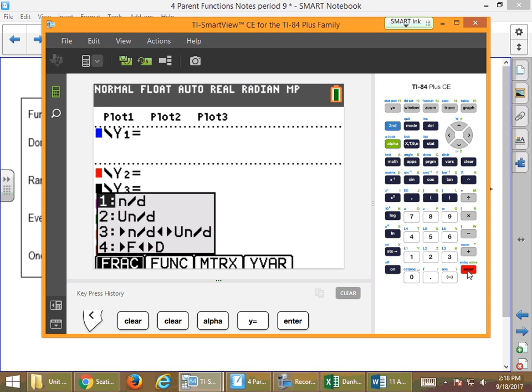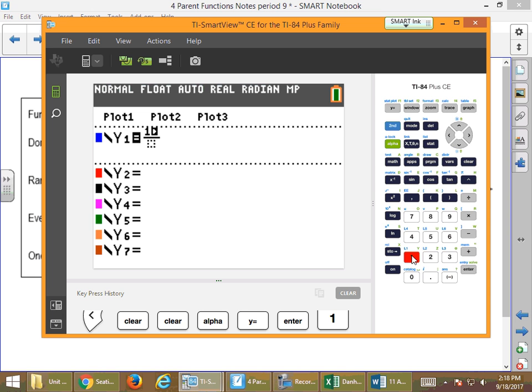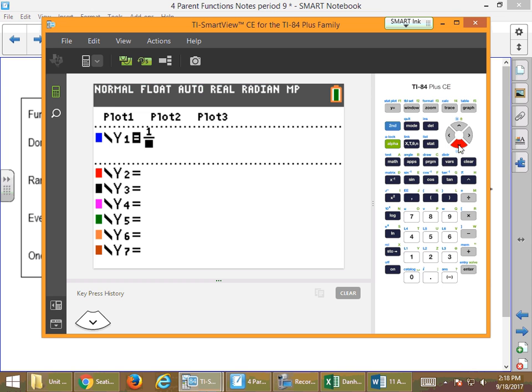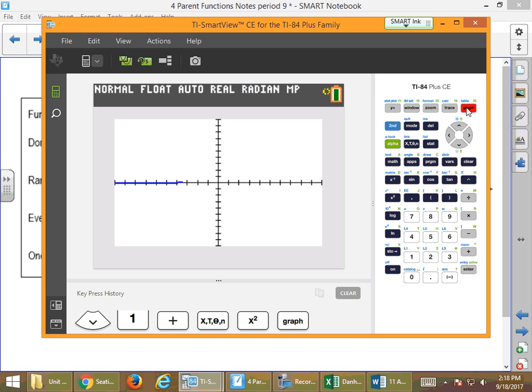If you don't have a fraction button, put parentheses around the 1 plus x squared. But once we have that, then we can draw the picture.